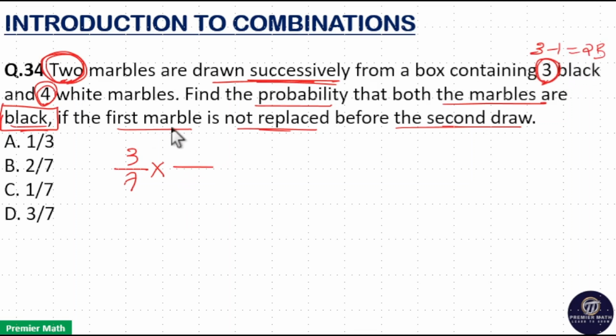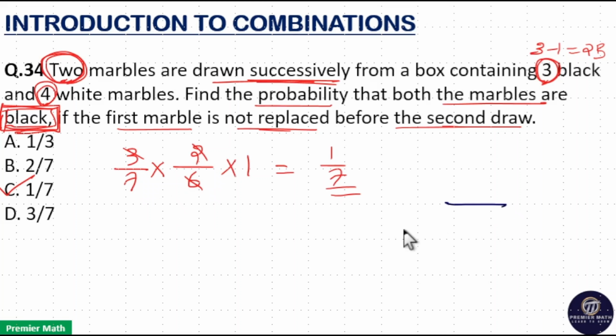So probability of getting second marble is equal to 2 by 6. There are total 2 black remaining and total marbles are 6. Now arrangement of these 2 marbles can be done in 2 factorial ways, but both are black marbles, so divide it with 2 factorial. So arrangement of these 2 black marbles can be done in one way. So this is equal to 3 into 2, 6 cancel, 1 by 7.